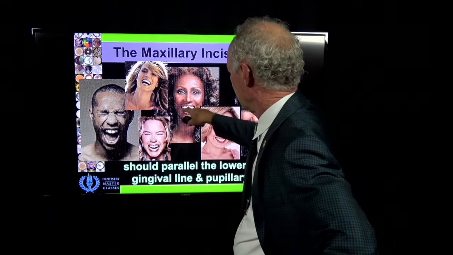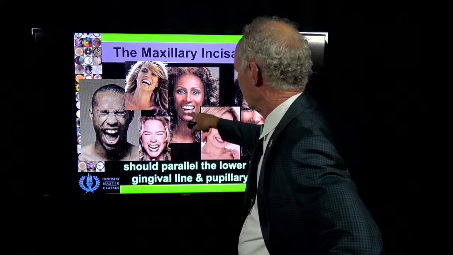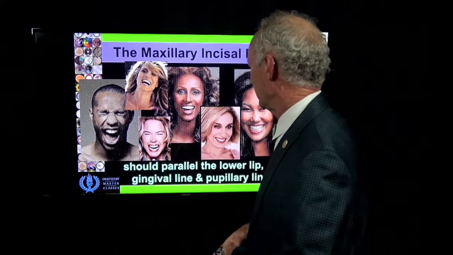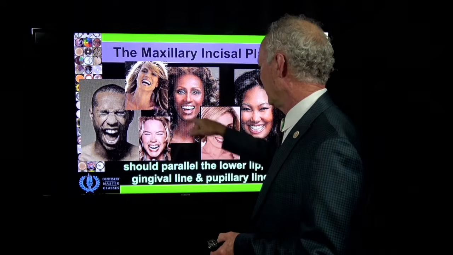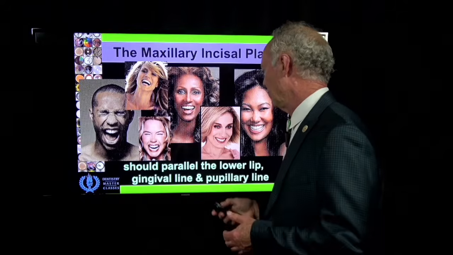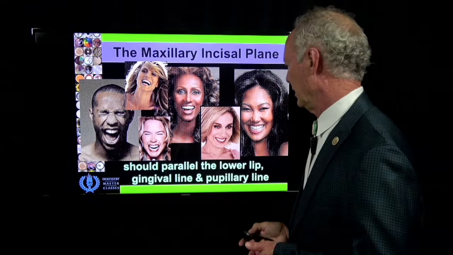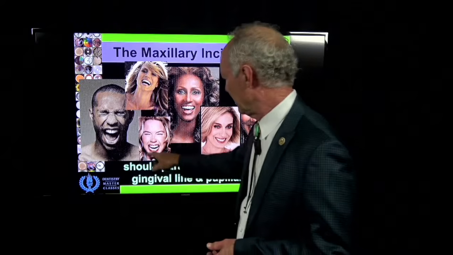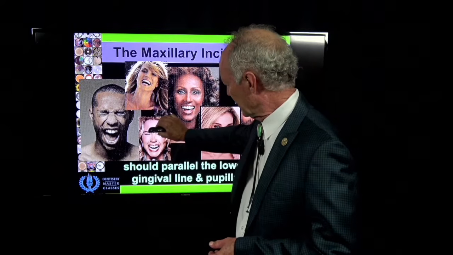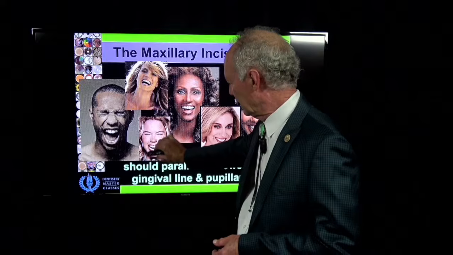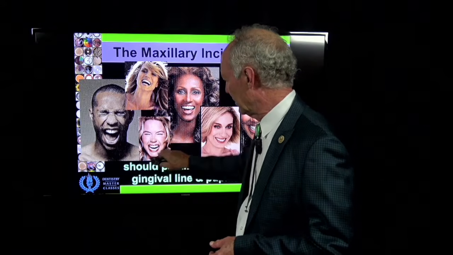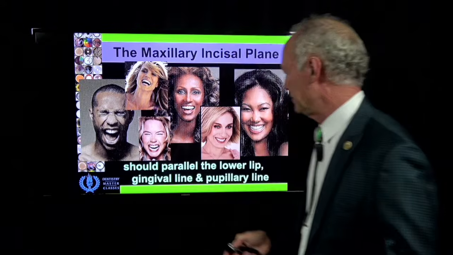So gingival line, incisal plane, lower lip should be approximately in the same plane. And also, most of the time, you could include the maxillary lip. See, the same thing. Pupillary line, gingival line, incisal plane, lower lip in each of these cases.